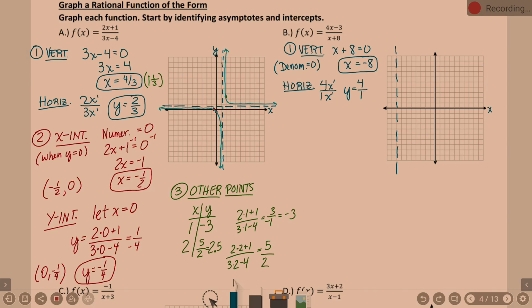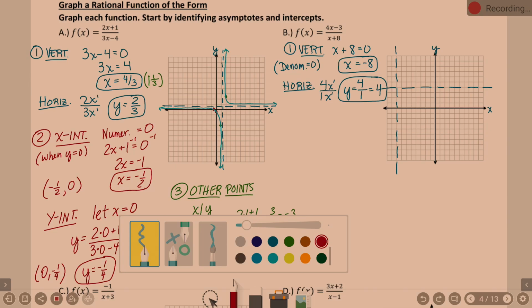If you want to start off saying 4 over 1, you can, but it's going to be 4. What's this mean? On the y-axis, we're going to cross through the y-axis at 4. So you're going to have a horizontal asymptote over there. Okay.